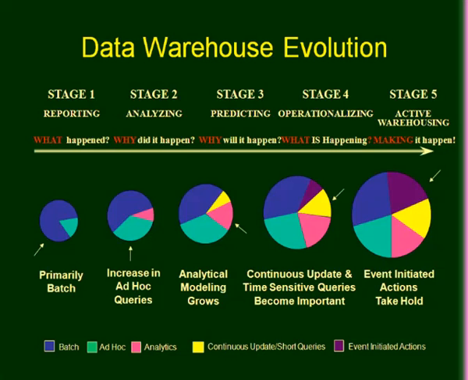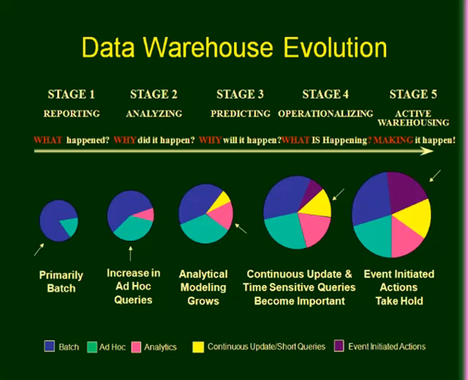Then in the analyzing stage, there is an enormous increase in ad hoc queries and a little bit of analysis. Then the third stage, the predicting stage, which we call analytical modeling, grows, so continuous updates and short queries are added here.